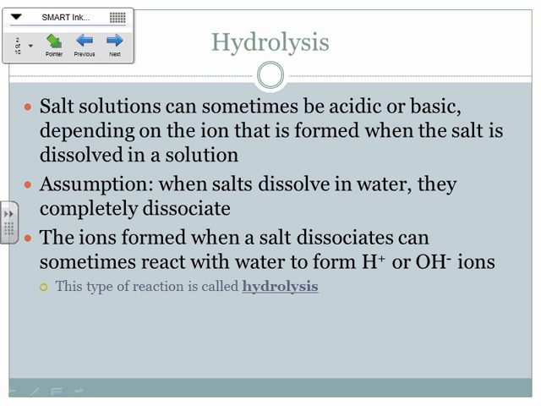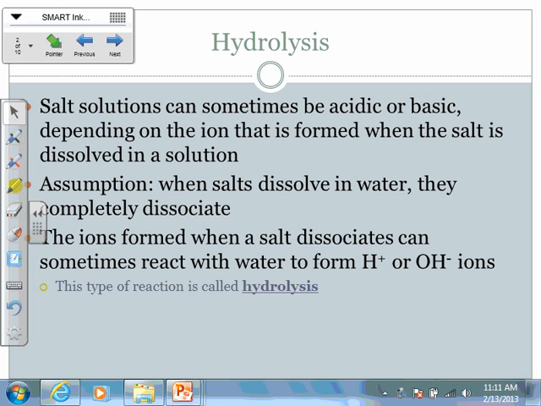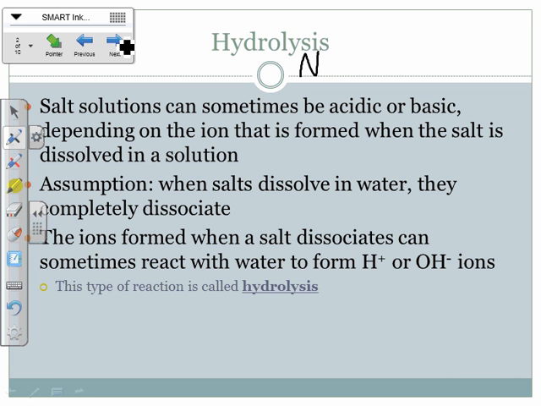So the ions formed when the salt dissociates can sometimes react with the water to form H plus or OH minus. That's called hydrolysis. We talked about hydrolysis earlier in the year. Hydrolysis is actually kind of the opposite of an acid-base reaction. The one that we talked about a lot earlier this year was the NaOH plus HCl reaction.